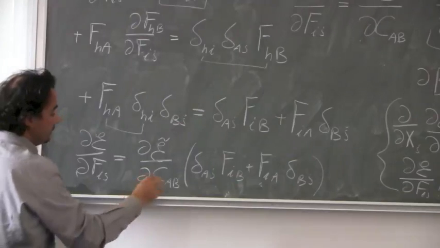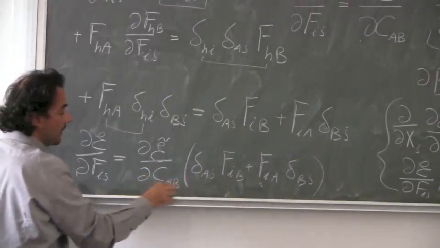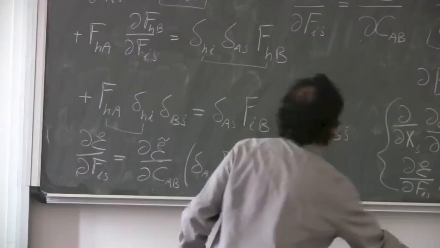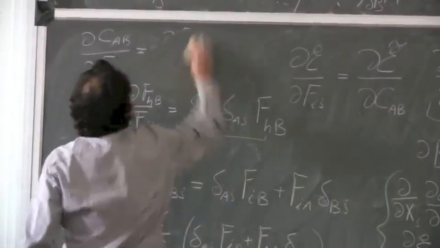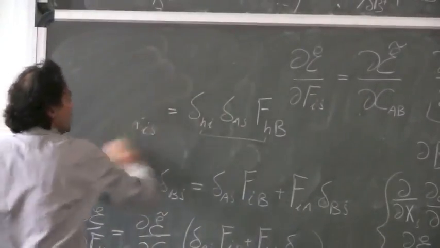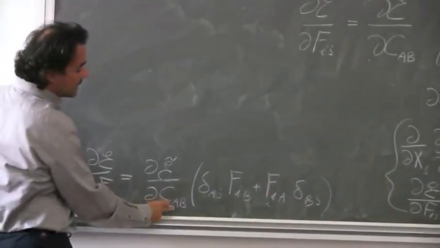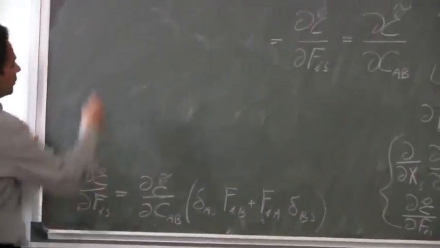So now again, we have a sum over A and a sum over B. So the sum, let us see the sum over A. This is equal to what?